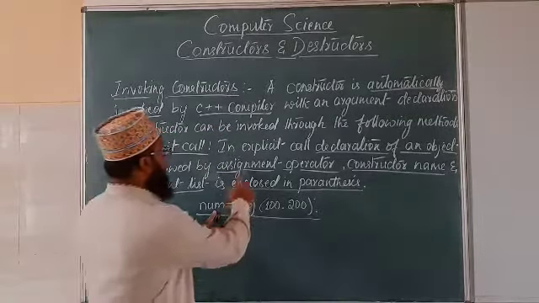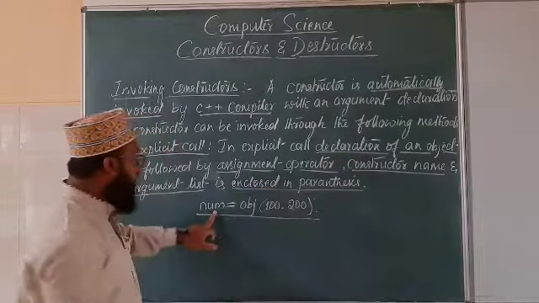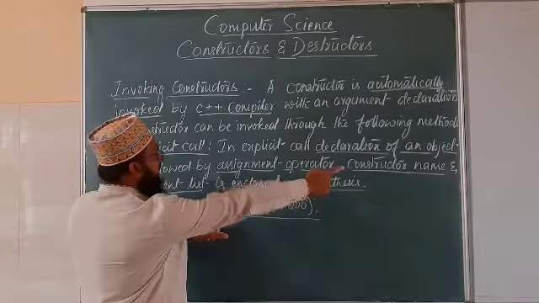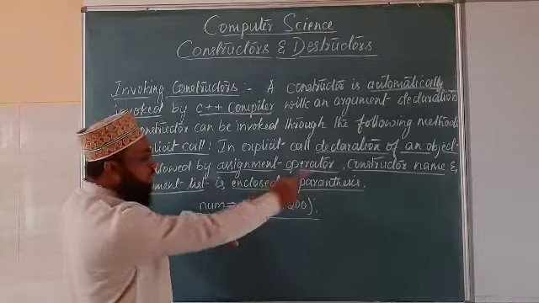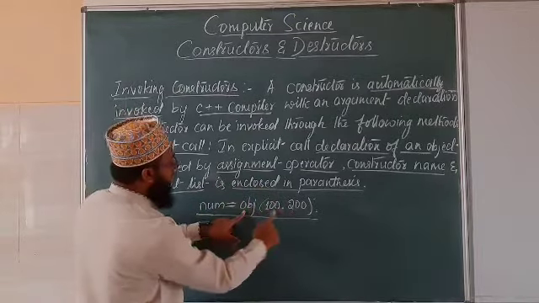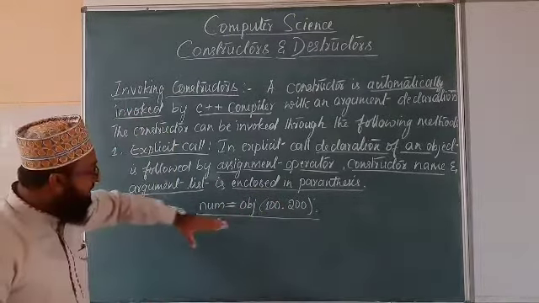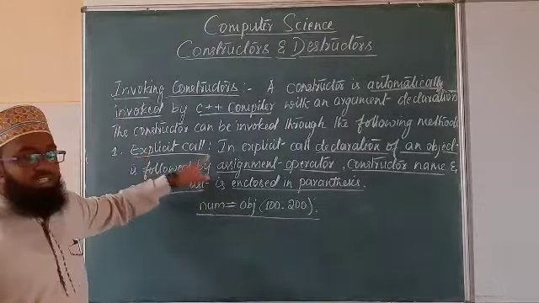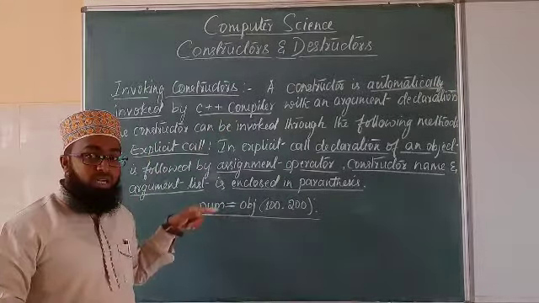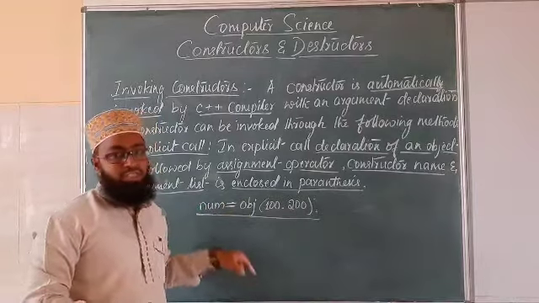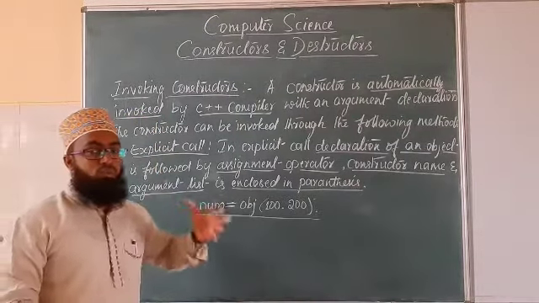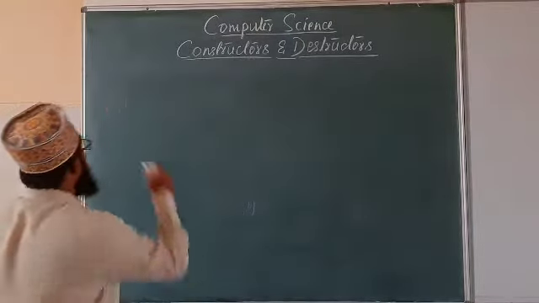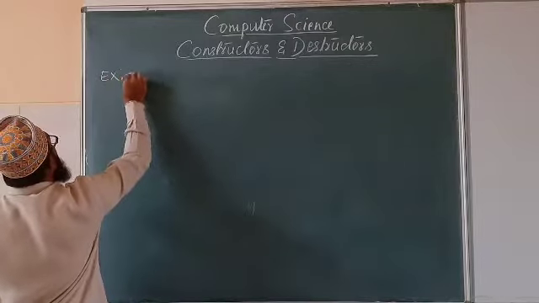Understood? Num is an object, followed by the assignment operator, then the constructor name, and the arguments enclosed in parentheses. This type of function call is called an explicit call. Now I am going to write one example for this explicit call. Then you will clearly understand what explicit call means.